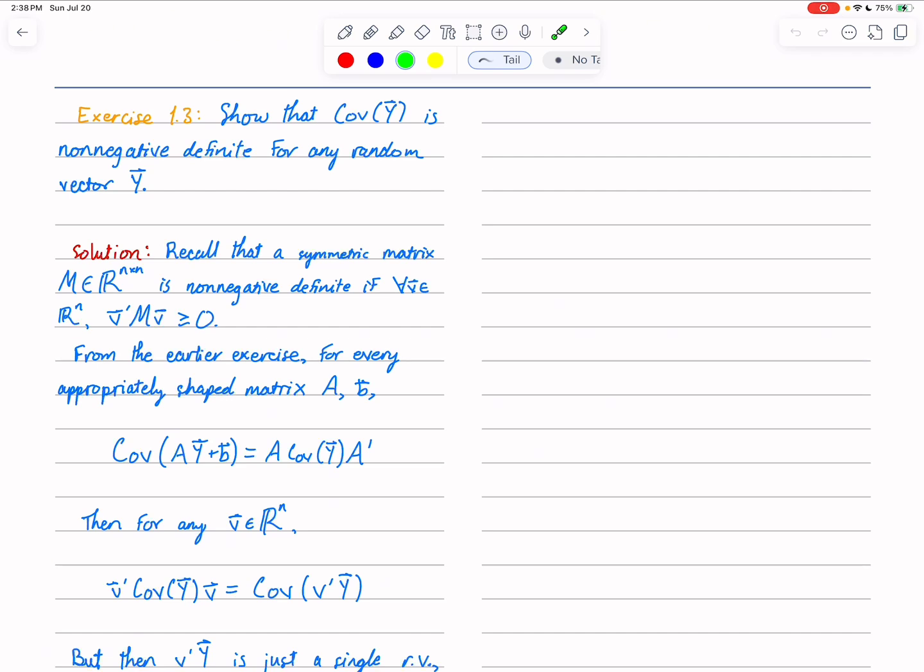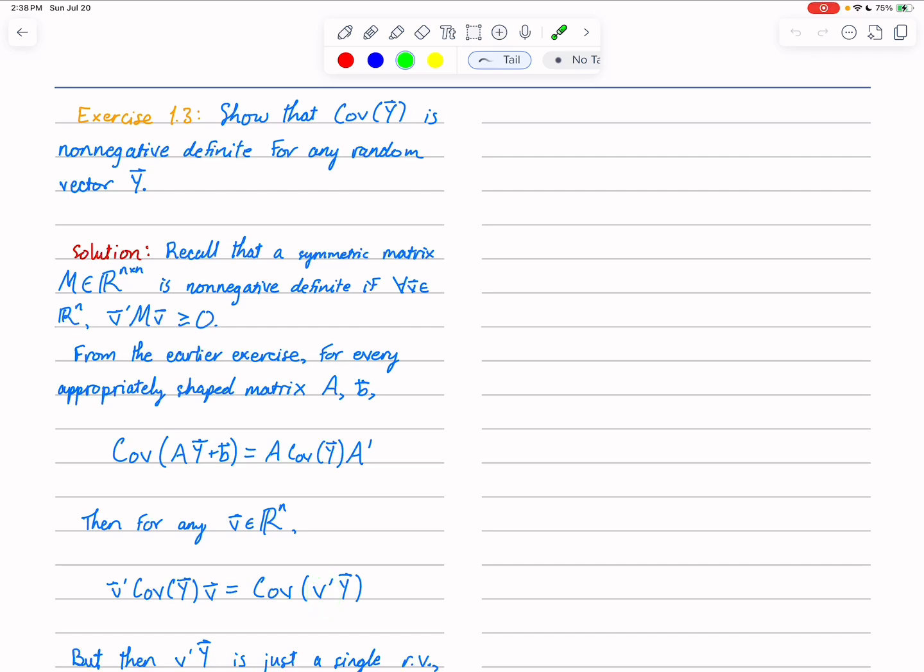Well, if we just do the most obvious thing and apply the result that we have, where the vector y here is just the vector y that we're working with all along, the vector B is just 0. But the matrix A is then the transpose of V, right?